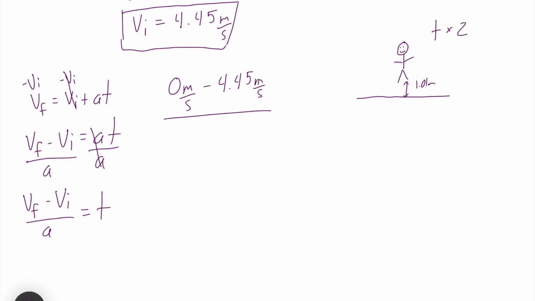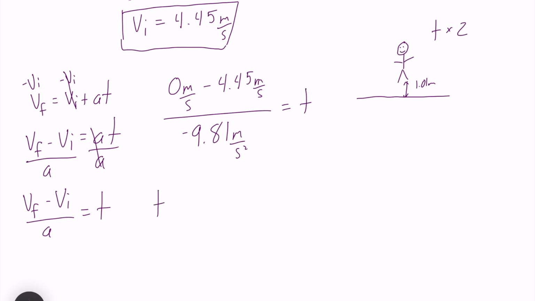And that's going to be over our acceleration, which is still negative 9.81 meters per second squared, because remember, we're still just solving for the time it takes this person to reach the peak height. Then we'll take that and divide by 2. So our acceleration should still be 9.81 or negative 9.81 meters per second squared. And that's going to equal our time.